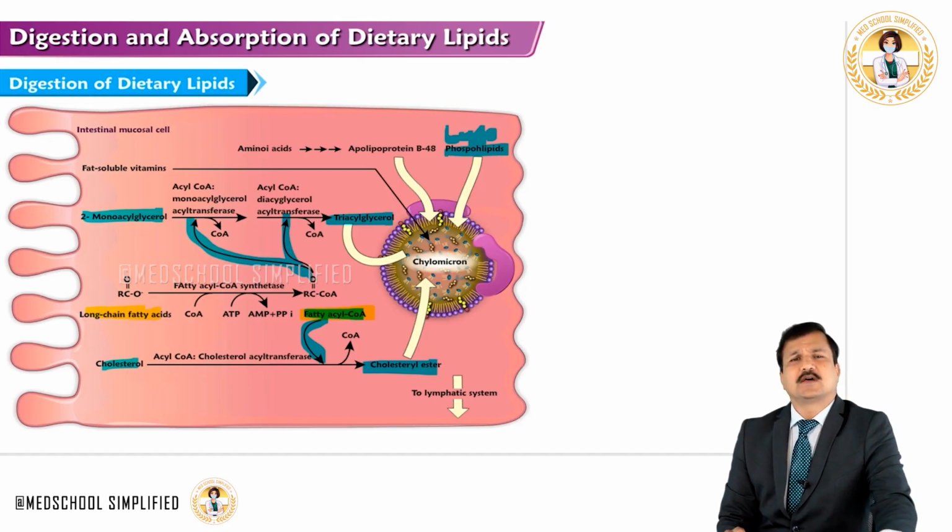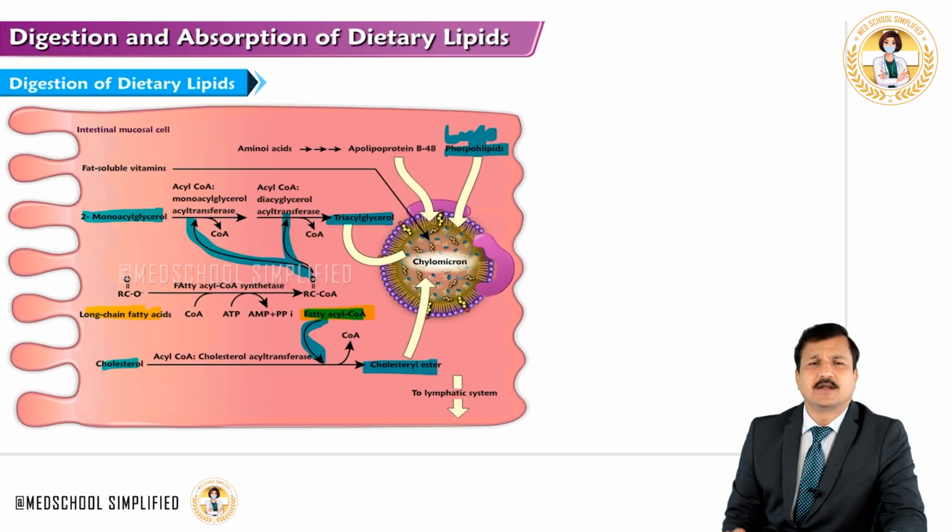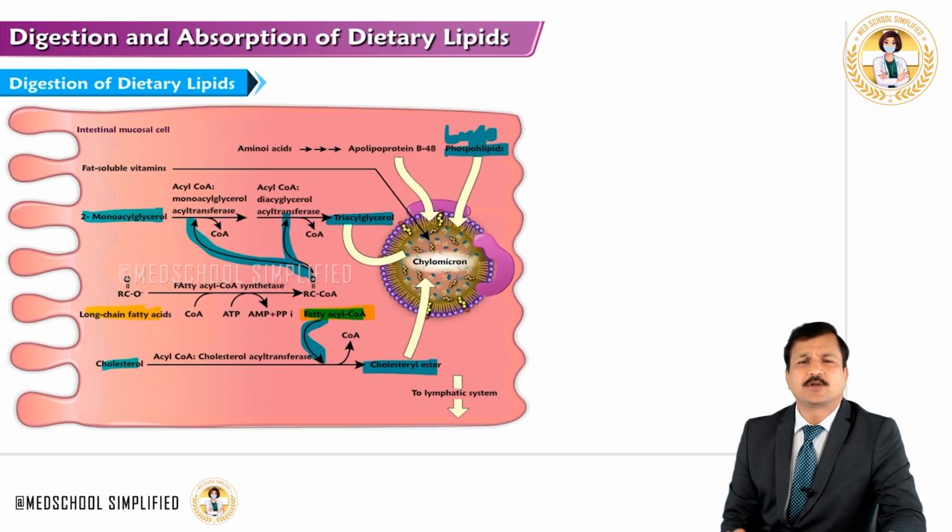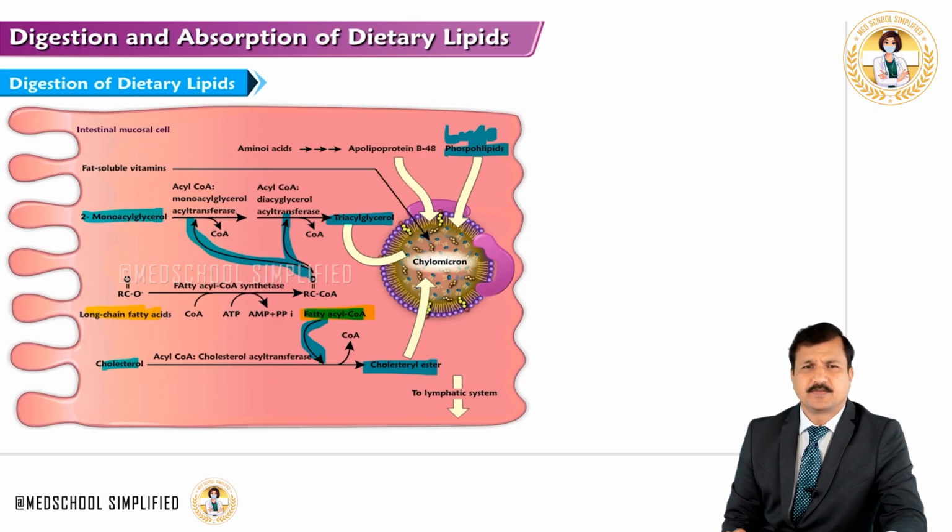All these reformed lipids, back in their complex form, like triacylglycerol, cholesterol ester, phospholipid, need to be transported out of the enterocyte into the circulation.